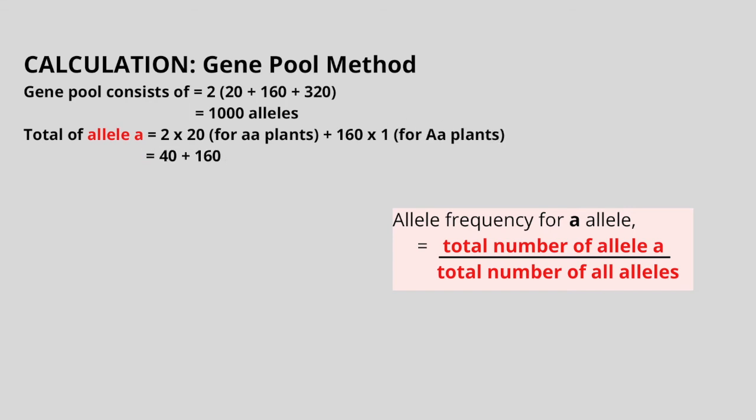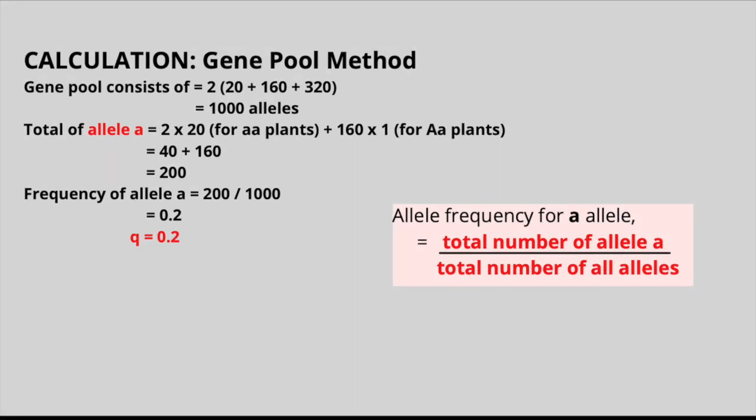That will give us 200 recessive alleles. So, the frequency of allele a is 200 divided by 1000, which gives us 0.2.